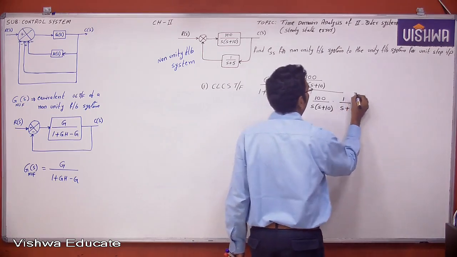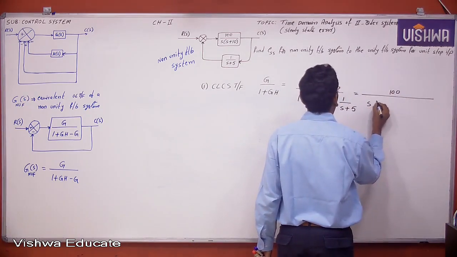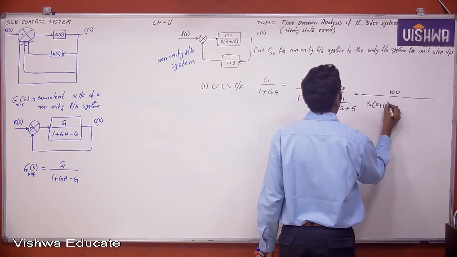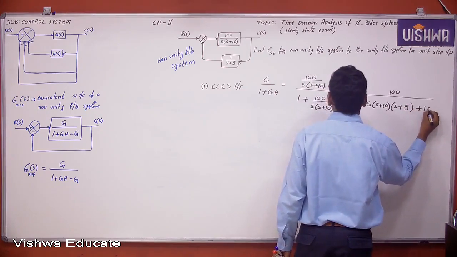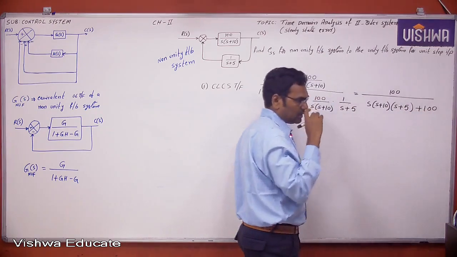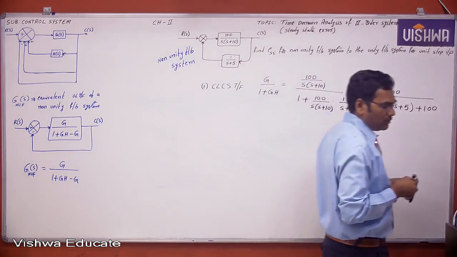So which is nothing but 100 by s into (s plus 10) into (s plus 5) plus 100. Is it right or not? Now this is the closed loop control system transfer function.